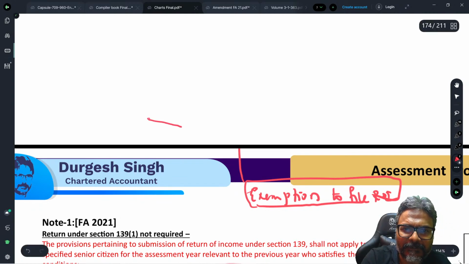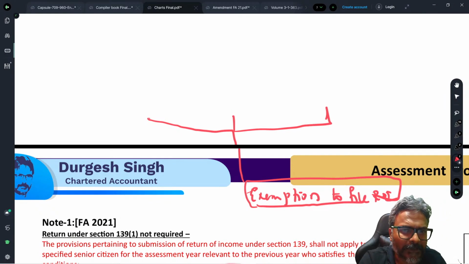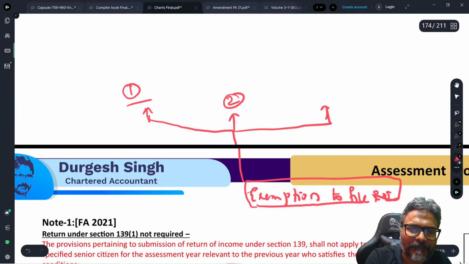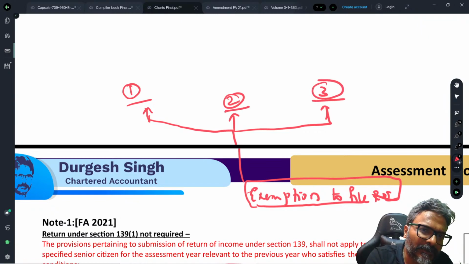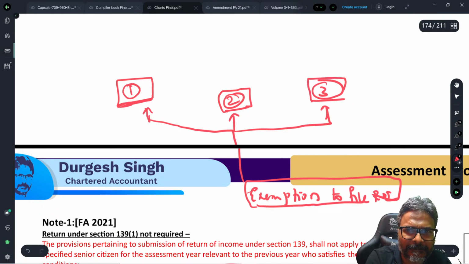Now, for the non-resident, these are the sections which were there. I think all of you are aware of this one also. So for the non-resident, students, what we all get is this: point number 1, the second one and the third one.